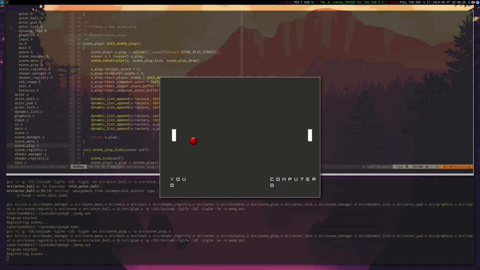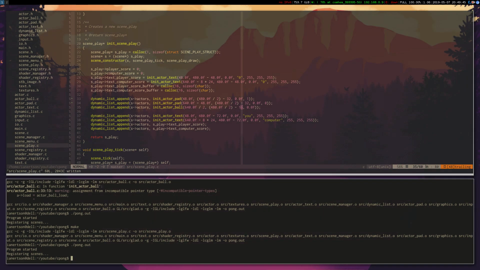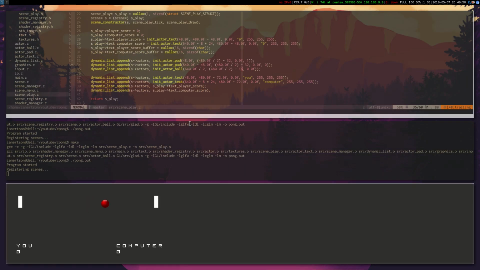So now they are sort of in the middle again. Now the ball, we made it 32 by 32, and that divided by 2 is 16, so we're gonna do minus 16 for the ball, and it should be in the center.